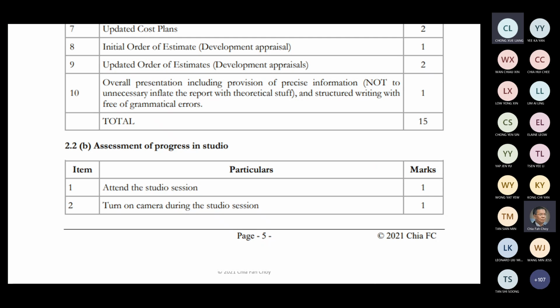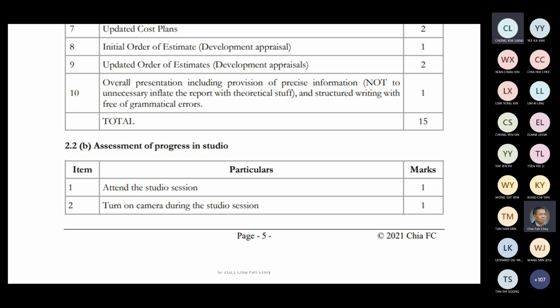Now, just now I mentioned that your participation in studio is another 5%. I mentioned that the individual component is 25 to 30 marks, because the 5% for participation in studio is part group mark, part individual mark.